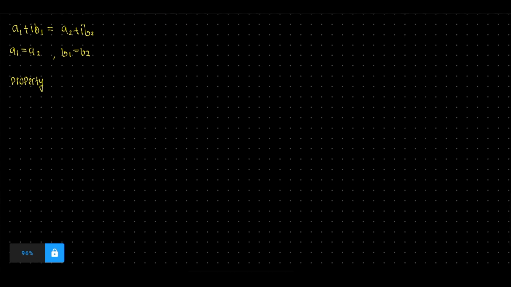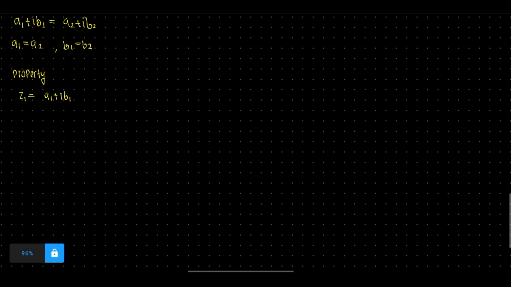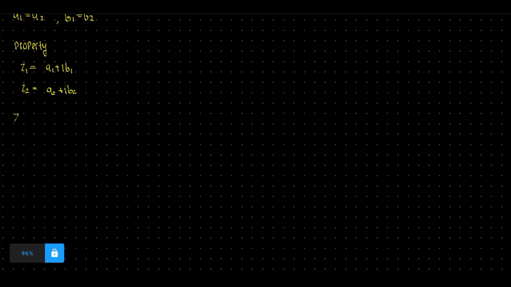So we define addition on C as: if z1 equals a1 + i b1 and z2 equals a2 + i b2, then z1 + z2 equals (a1 + a2) + i(b1 + b2).